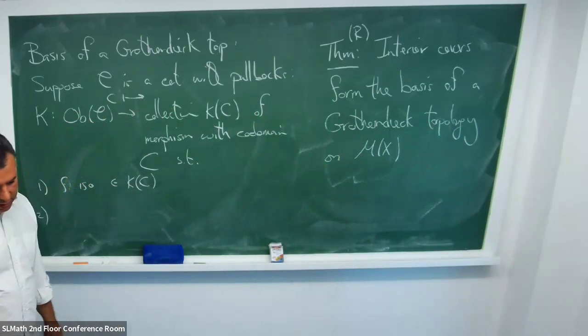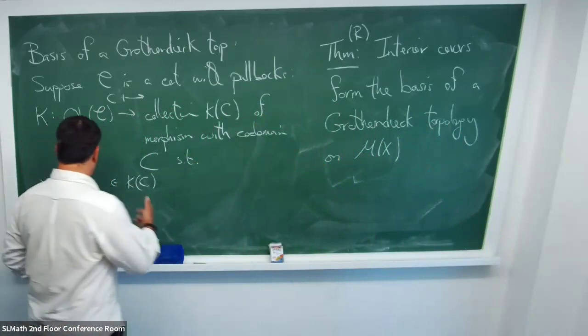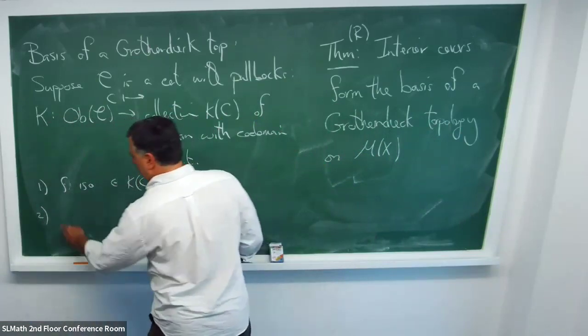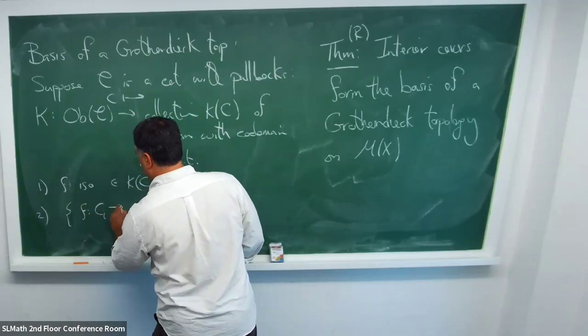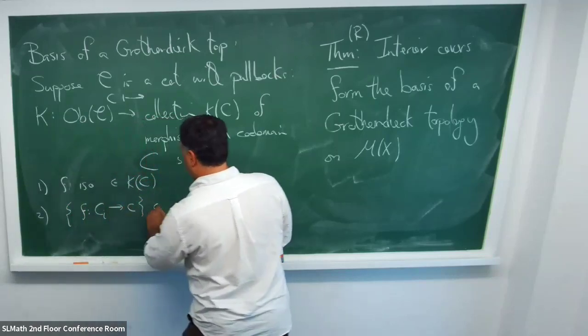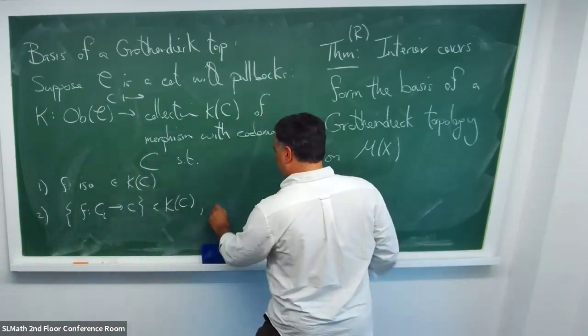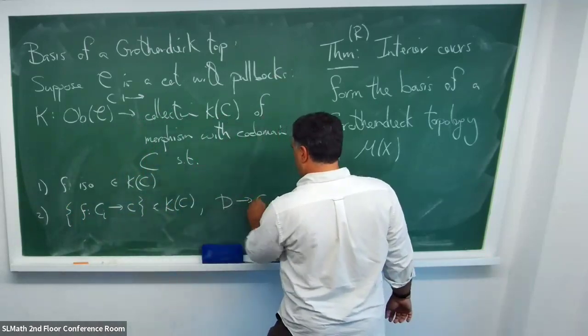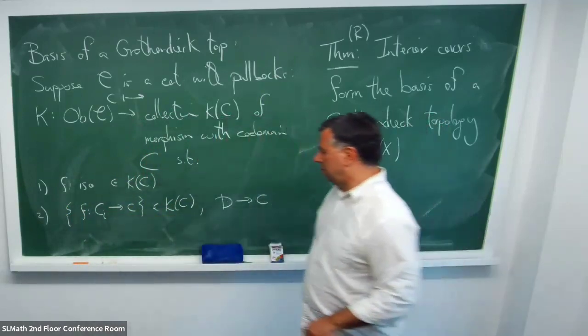Two, if I have some collection, and I have some other, suppose, in K of C, and I have a map from D to C, then the pullback of this collection is going to be in K of D, pullback.